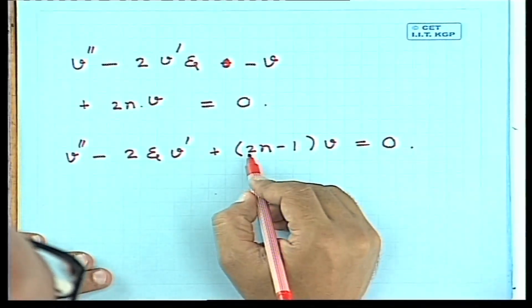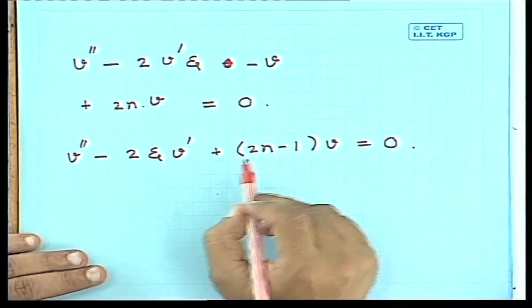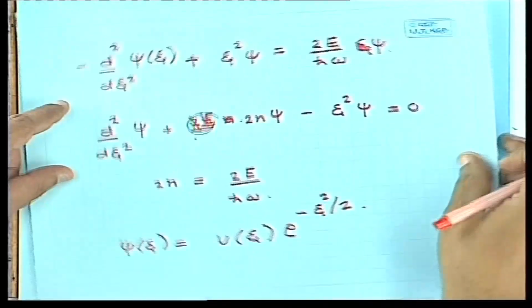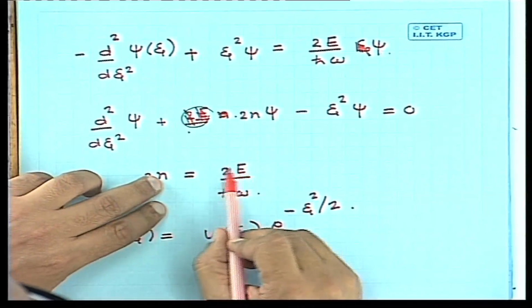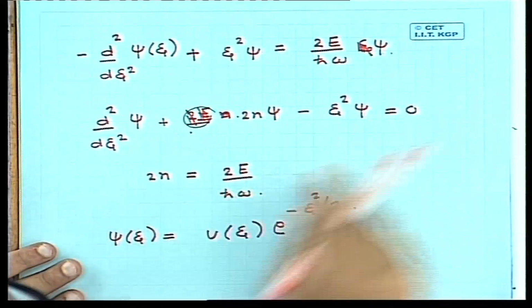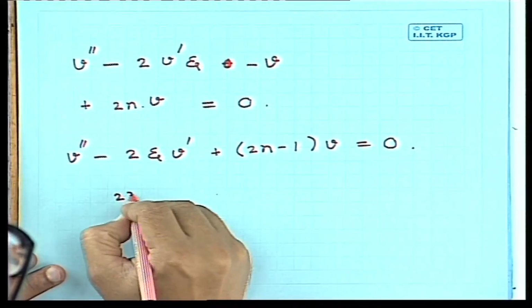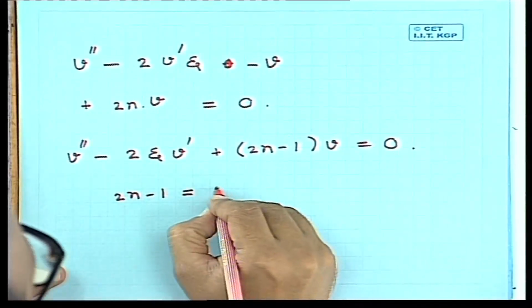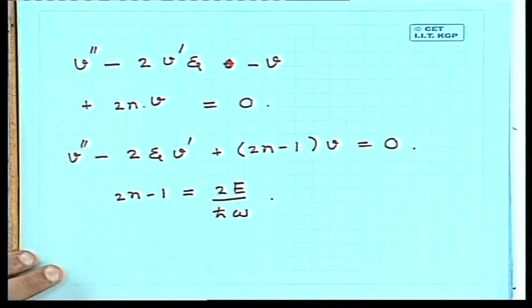Now we see that it is more convenient if we define, instead of choosing 2n to be 2E by h cross omega, it is more convenient if we define 2n minus 1 to be 2E by h cross omega. So I am just changing the definition of n.